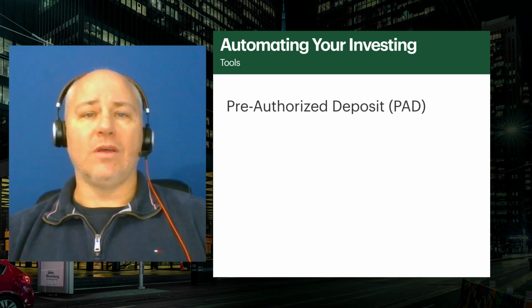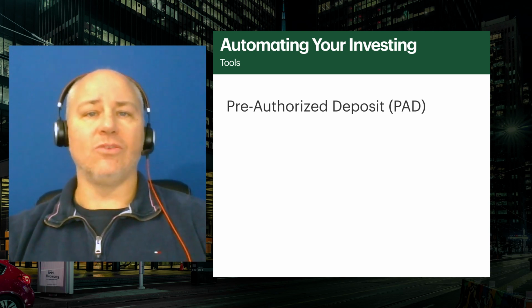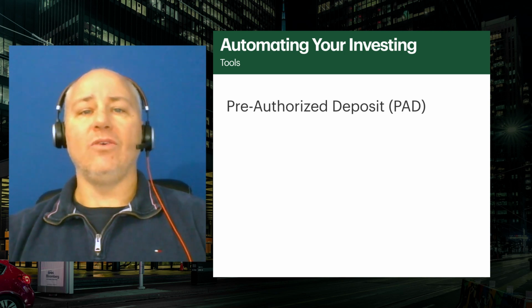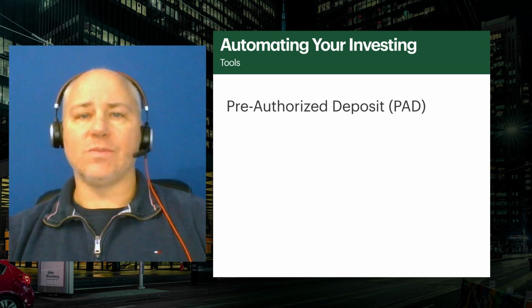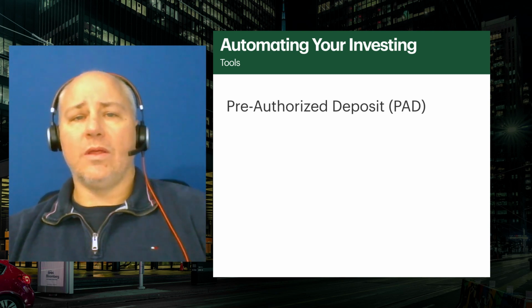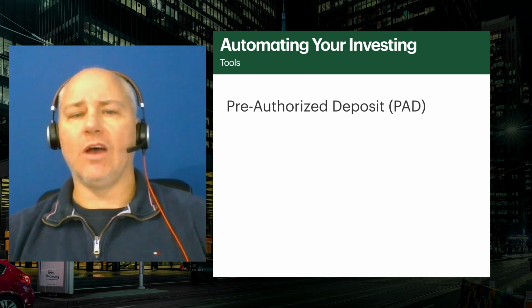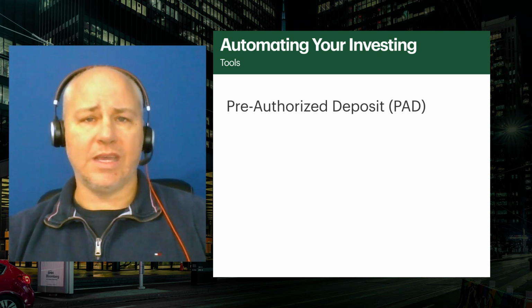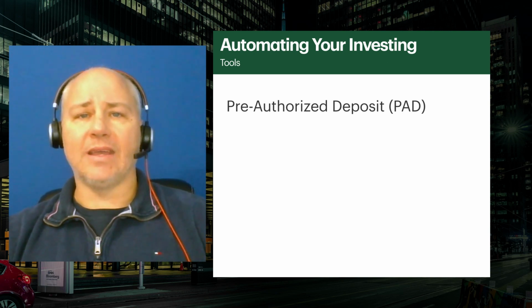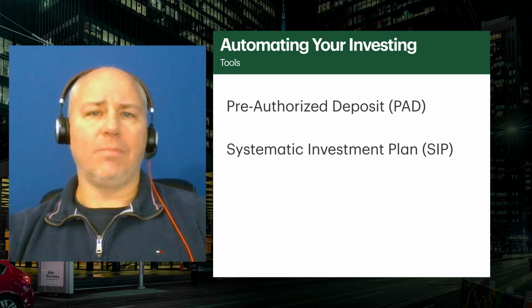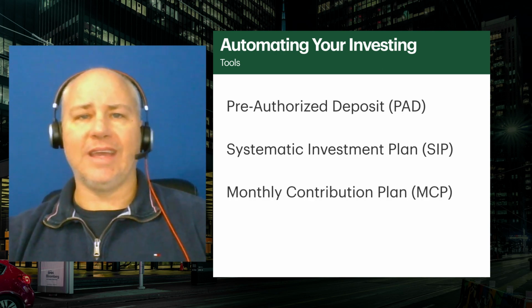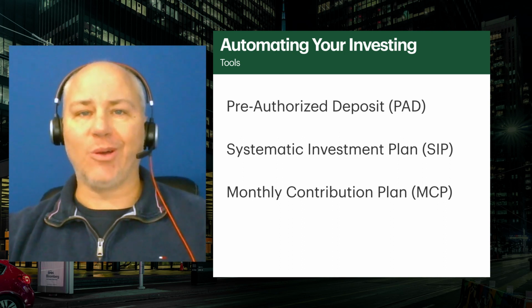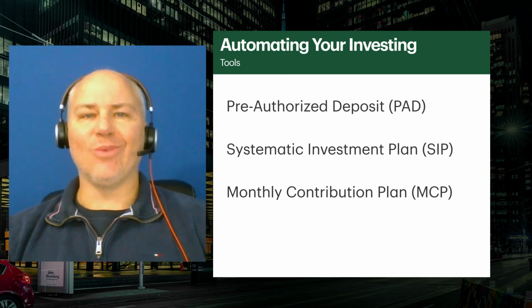So you can have an automatic amount go into your TD Direct Investing account, and then you can have it set up where it'll automatically purchase an investment that you choose. So by establishing a pre-authorized payment and combining it with what we call a systematic investing plan. So you hear a PAD and there's a SIP and there's a monthly contribution plan like MCP. We love our acronyms, right, Denise, in the banking world.